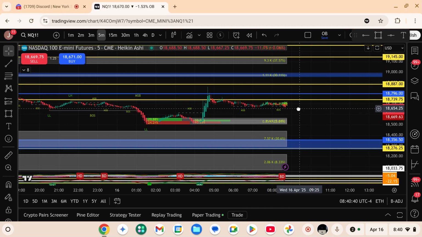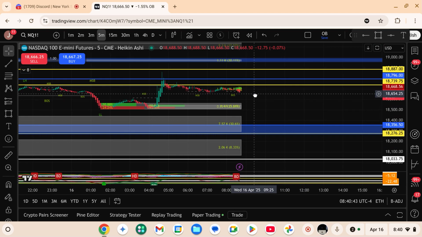And then for longs, we'll enter around here. Either the breakout of here or a breakout from here, like the top of the box or the bottom of the box.